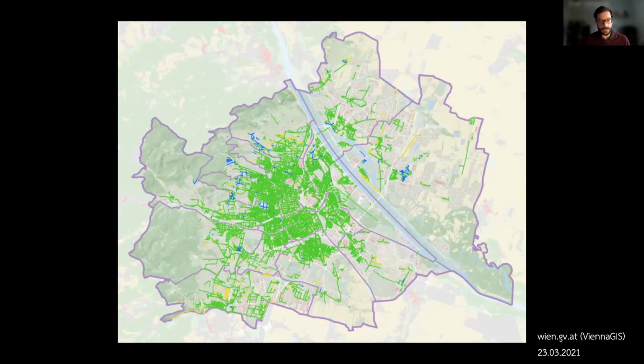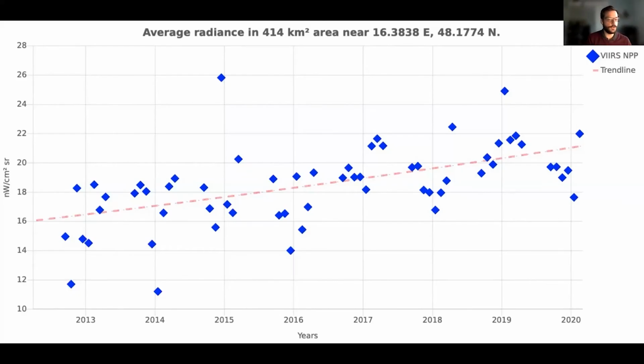And if you take a look at the satellite values, this is exactly the opposite effect. Even if the street light is changed, you can see that we have some other major sources which are impacting the light dome of Vienna or developing the light pollution here in Vienna, which are in fact the illuminated surfaces, buildings, advertisements, and so on.